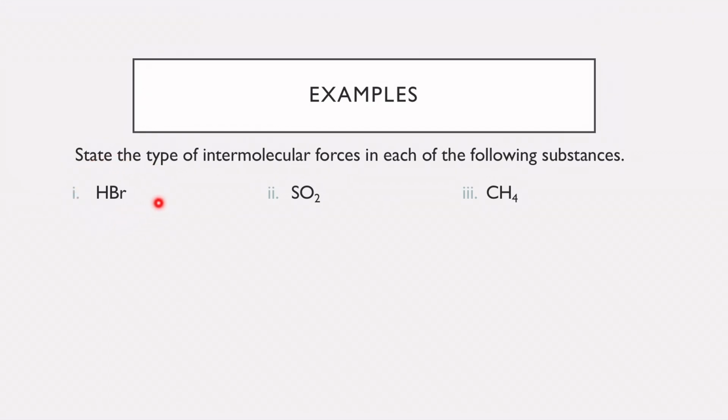So let's start with HBr. First, you're going to see whether your molecule is polar or not. So you have to look at the polarity of your molecule. Okay. So HBr.